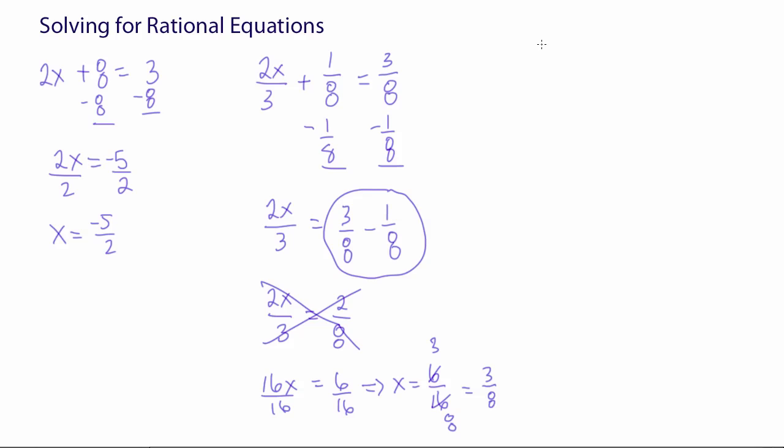Now, let's look at another problem. Let's say 1 over x plus 2 over 5 equals 3 over 6. Now, we could do the same thing where we subtract 2 over 5 on both sides and then we're on our way and cross multiplying.